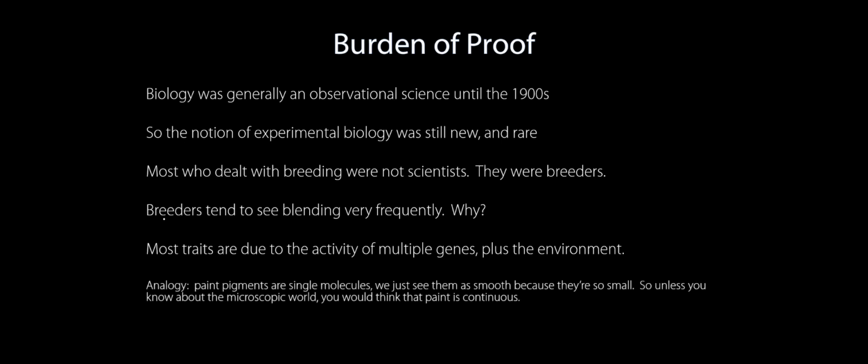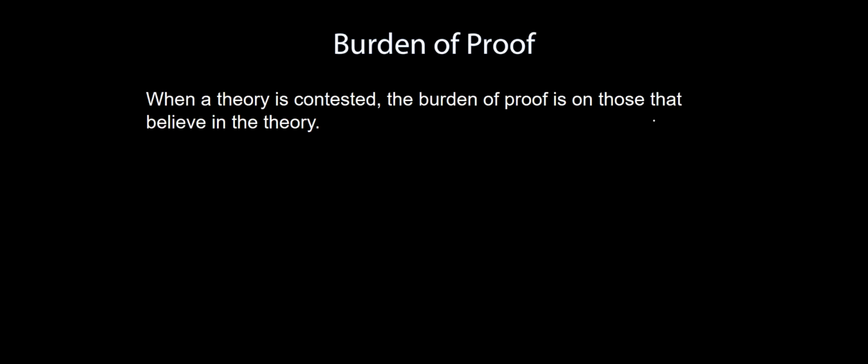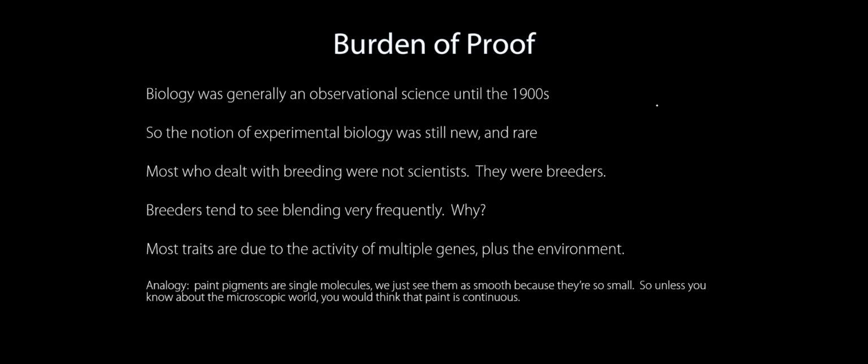All right, so an analogy here would be like paint pigments, right? These are actually single molecules. So if you were able to zoom in on paint, you'd see individual particles of paint, and each individual particle would be a specific color, right? So this particle would be green, and this particle might be blue. Or let's say that we have yellow and blue paint, and of course, if you remember your art lessons, yellow and blue makes green, right?